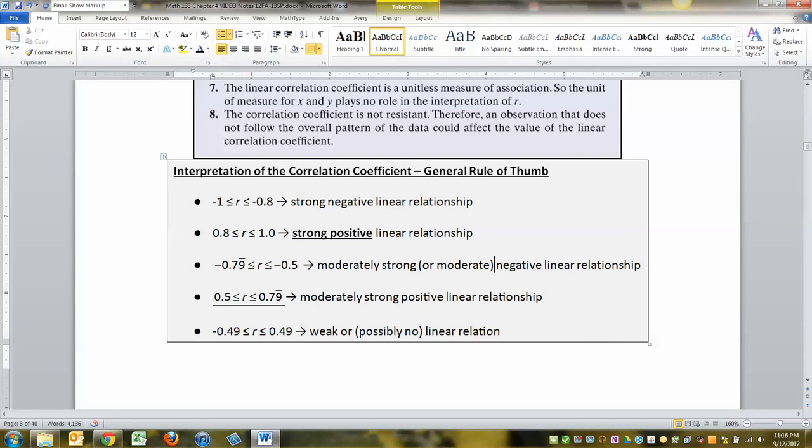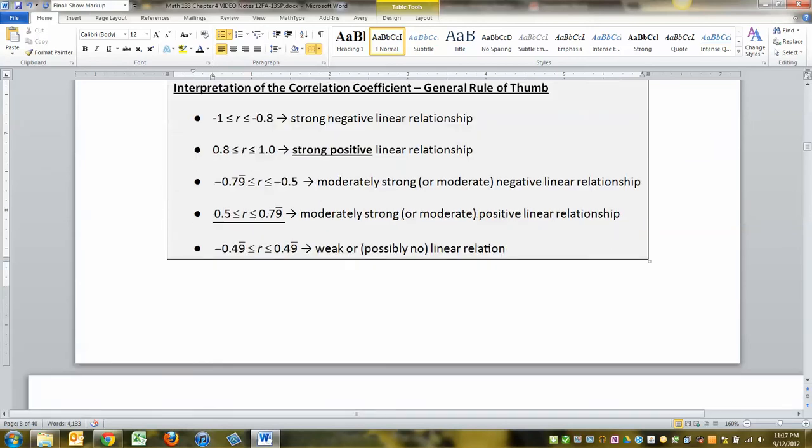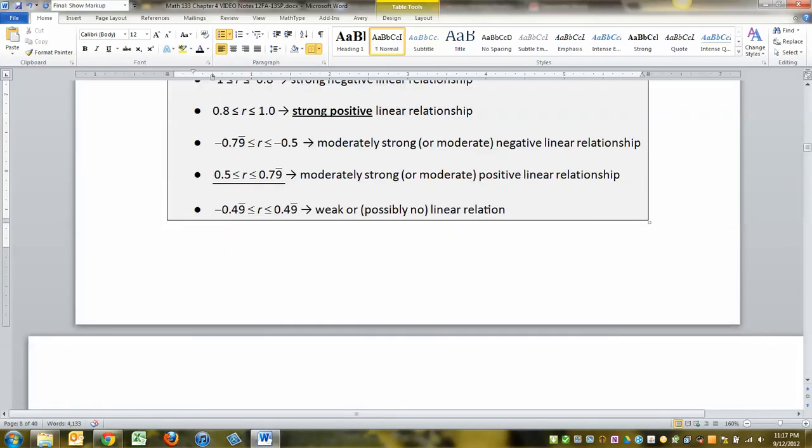And then between 0.5 and 0.7999999, that's a moderately strong or moderate positive linear relationship. And then being lower than 0.49, and again, those are 0.49 repeating one, that's a weak relationship or possibly no relationship, depending on how bad it is.